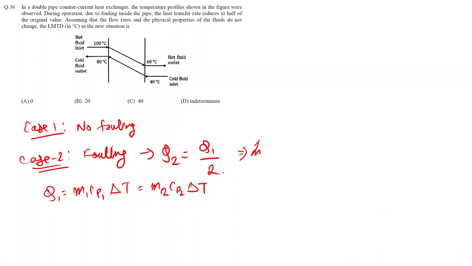So for case 1 we had considered this no fouling case, and for case 2 we are considering the fouling case in which we were given this Q2 is equal to half of Q1.